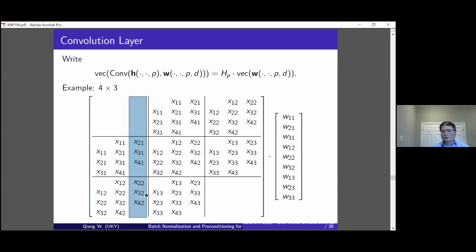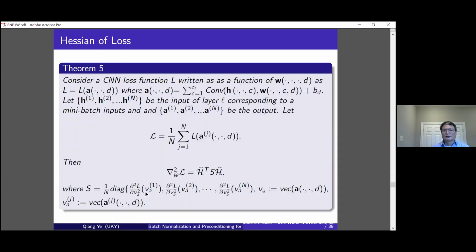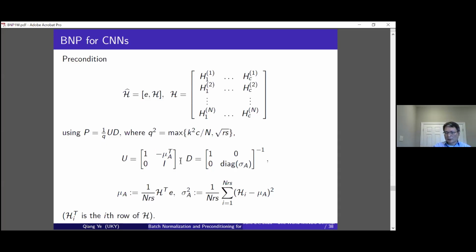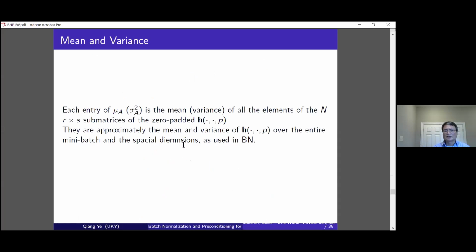The sum of that over all n mini batch is the mean of elements of the n R by S submatrices of the zero pattern matrix. So that's the mean across the mini batch examples and also across the spatial dimensions.